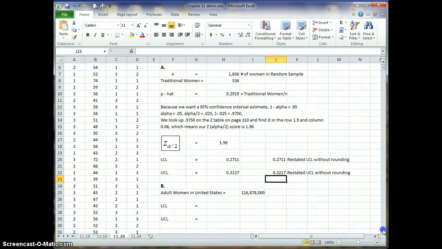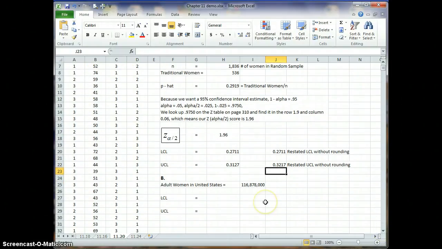Just going to scroll down a little bit. For part B, it says estimate the size of the traditional market segment. And up in the problem, it says the latest census reveals that there are 116,878,000 adult women in the United States, according to the Statistical Abstract of the United States.